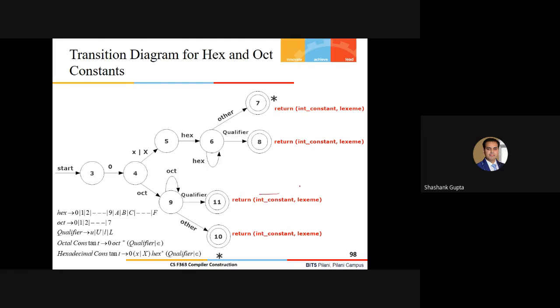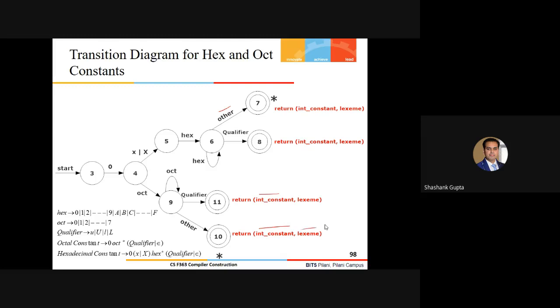So we are returning this token and the corresponding lexeme. Otherwise, we can read some other characters, and this definition of other is again similar to this definition. Fine, anything except this qualifier symbol. So in that case, I also return the same token with the corresponding lexeme here.